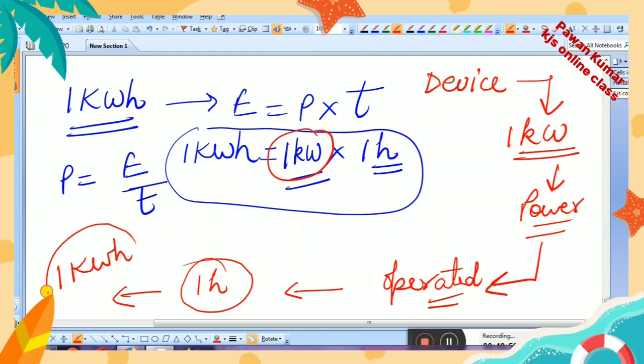It means you consumed 1 kilowatt hour electrical energy. This is the definition of 1 kilowatt hour.